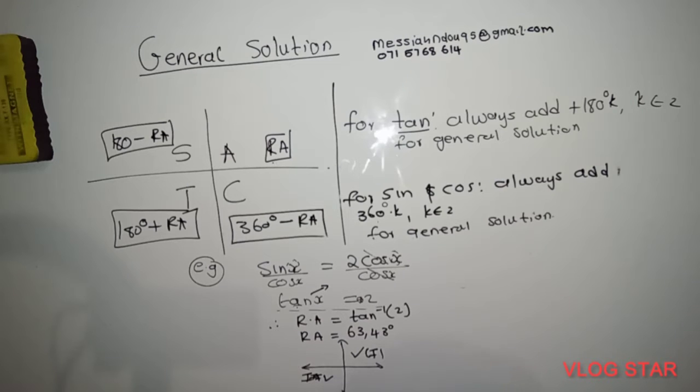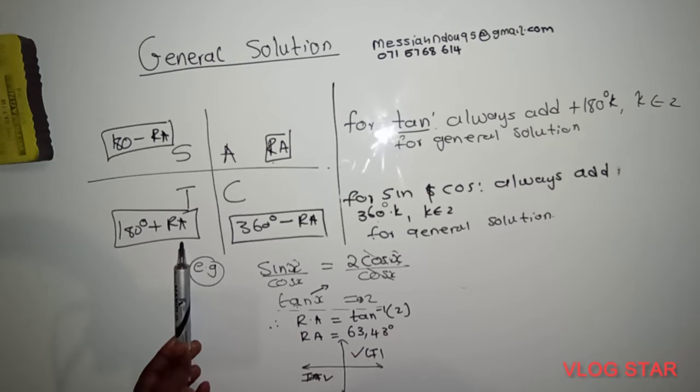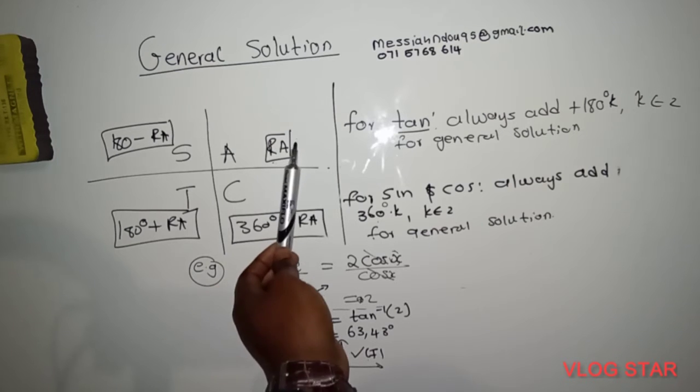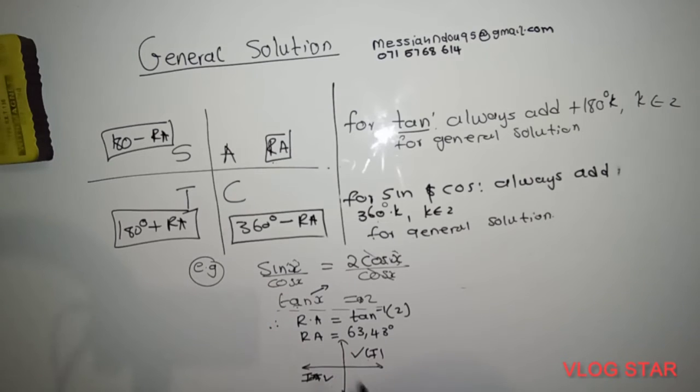So you have to ask yourself, if the tan is positive on the first and third quadrants, what must I do? We have got RA on the first quadrant. We have got 180 degrees plus RA on the third quadrant. These two equations we're going to use to find the general solution.